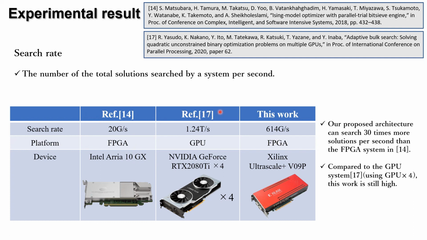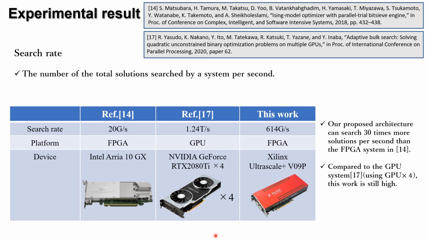On the other hand, the GPU system is approximately 2 times higher than our proposed FPGA system. It is difficult to compare the performance of the FPGA and the GPU directly. However, since the GPU system uses 4 GPUs, while the proposed system uses only 1 FPGA, the search rate of our proposed system is still high.